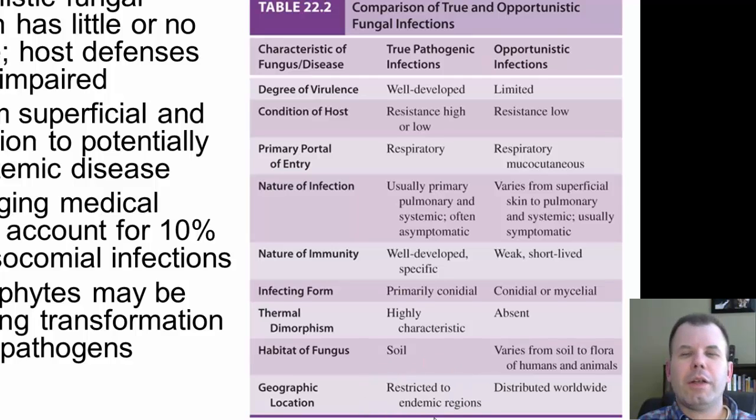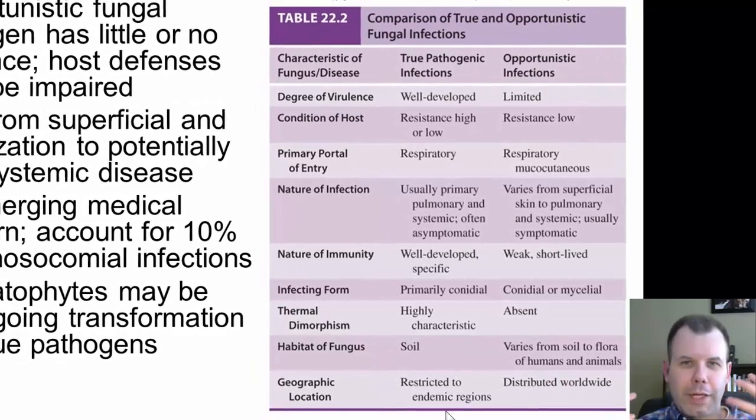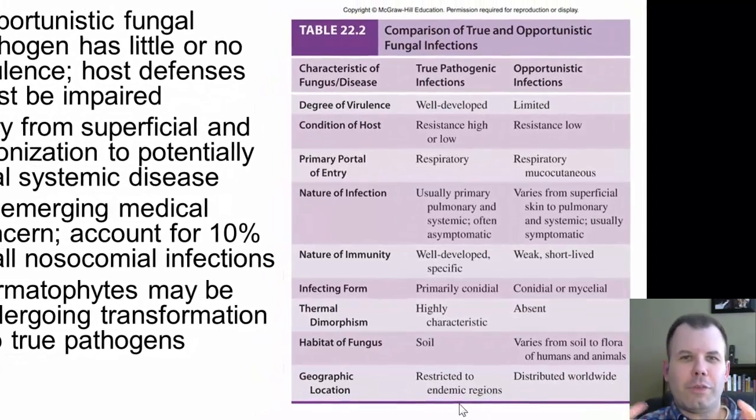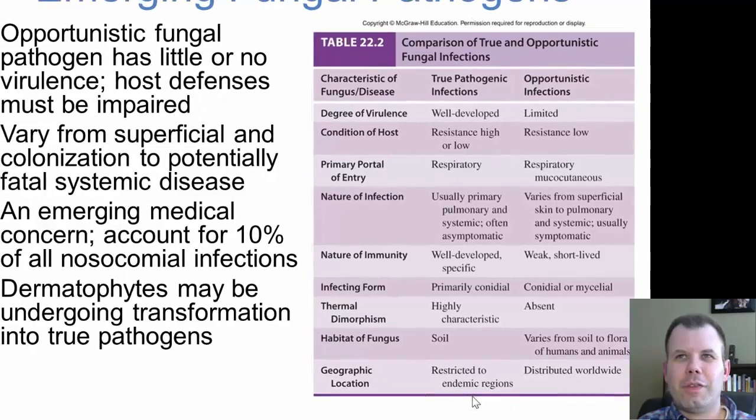If you're going into areas where these can be found, they might put a warning out saying, just be careful because of whatever you breathe in, or you might want to wear ventilation or other things like this, because these are highly infectious in healthy people. And then the opportunistic are pretty much worldwide. However, again, healthy people are not really at risk because we don't worry about some of these things so much.